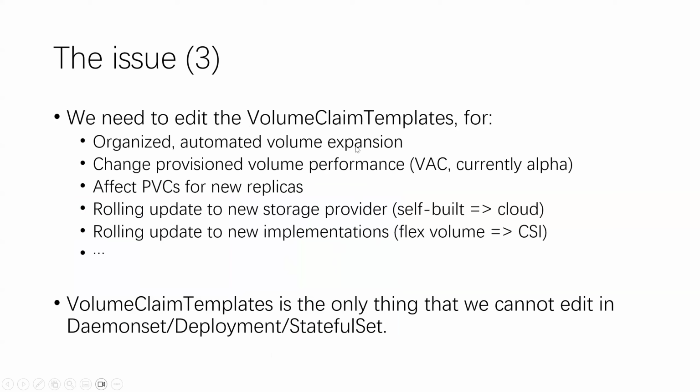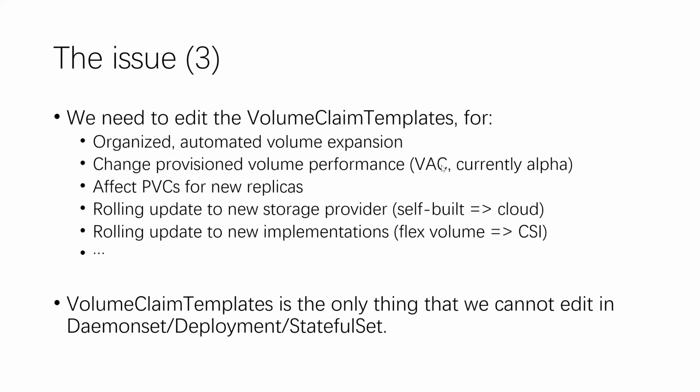We also have some more reasons for why we need to edit the volume claim template. The first one was just introduced: we want to automate the volume expansion operation. The second one, we now have VAC, which is a volume attribute class.